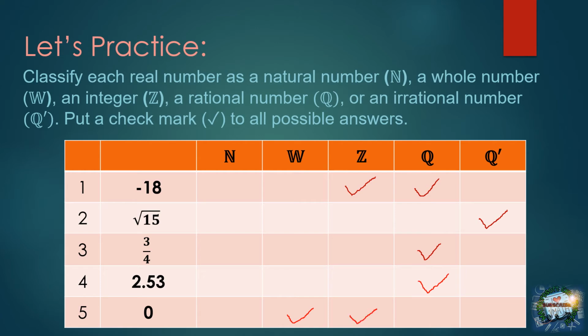Is it a rational number? Yes, because an integer is a subset of rational numbers, so we check it as well. Since it's rational, it's no longer an irrational number. That's how we identify subsets of rational numbers.